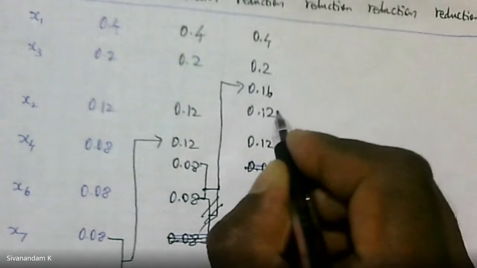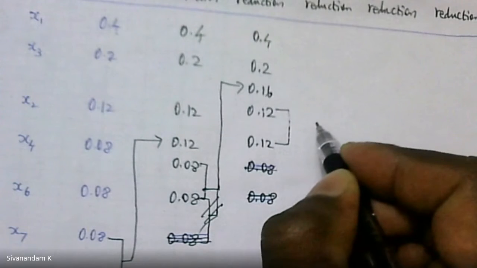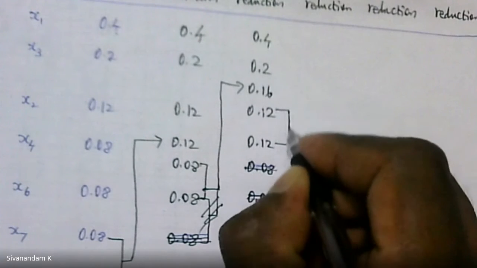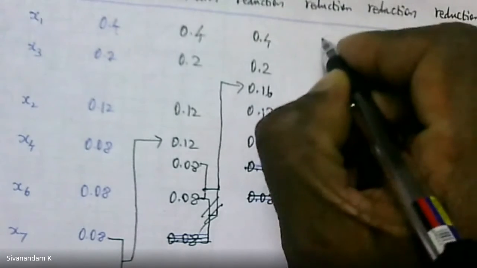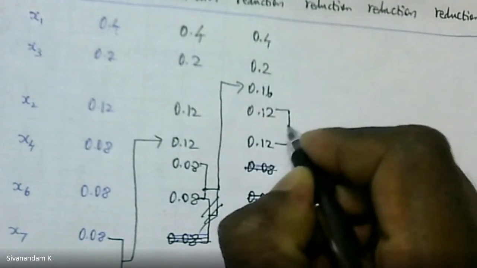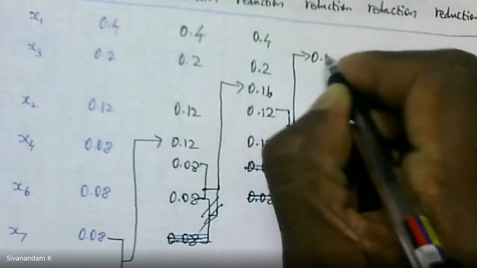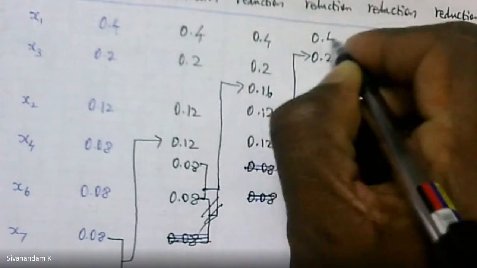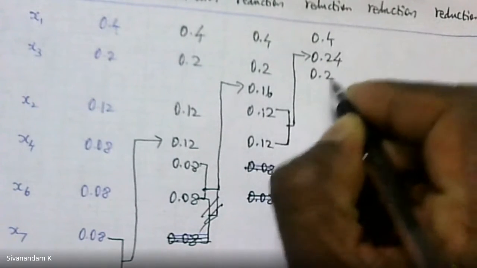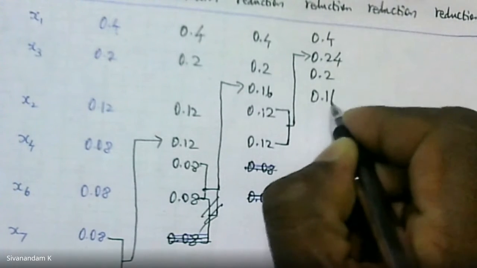The next step is the addition of 0.12 and 0.12, which gives 0.24. So 0.24 goes between 0.4 and 0.2, then the remaining one is 0.16.